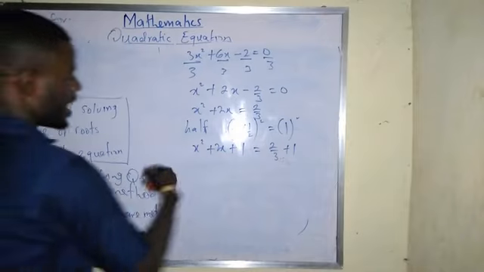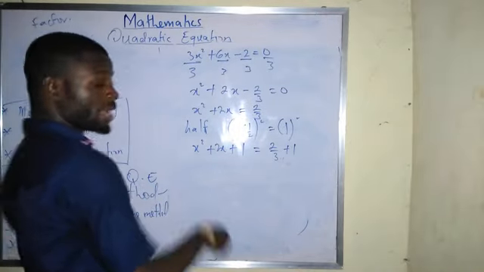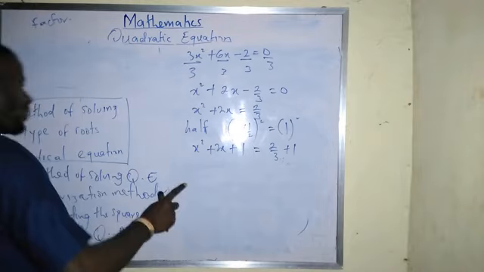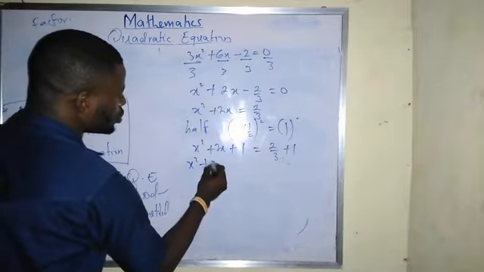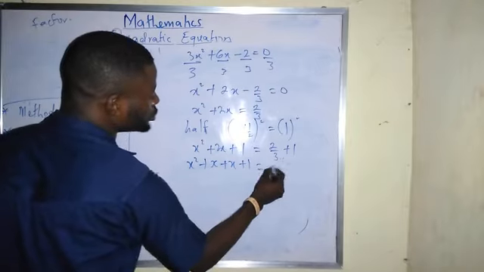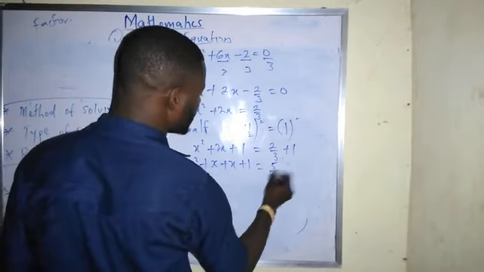Factorize the left-hand side. How do I factorize this? What can I multiply to get 1 and add to get 2? 1 times 1 is 1, and 1 plus 1 is 2. It means I'll have x plus 1 times x plus 1 equals 2 plus 3 over 3, which is 5 over 3.